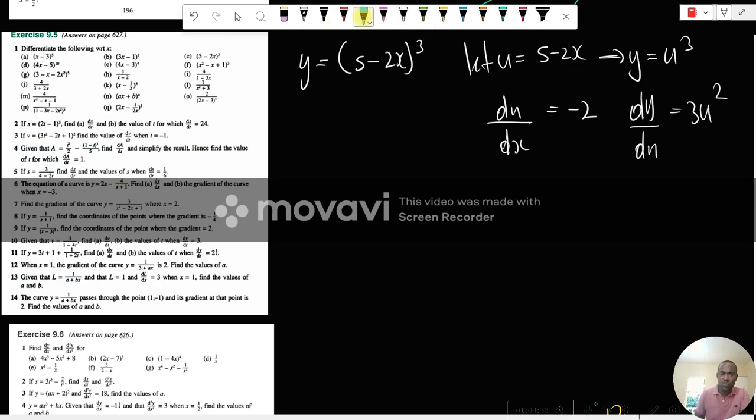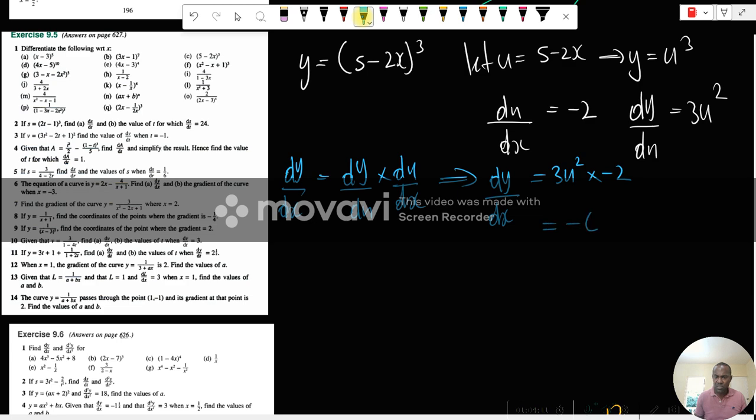And again, by the chain rule, we say that dy by dx is equal to dy by du times du by dx. Right? So do we have those things there? I think we do. So therefore, dy by dx is equal to, what is dy by du? This is 3u squared times du by dx, which of course is minus 2.